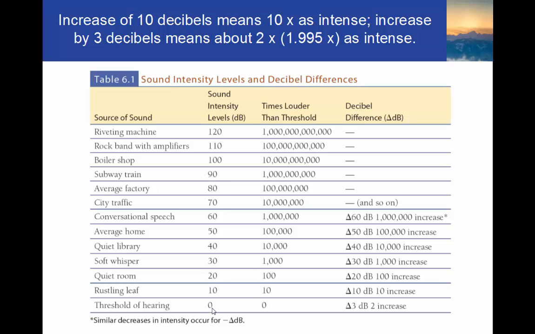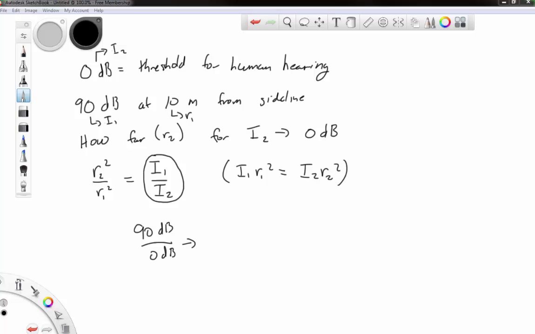So 90 decibels versus 0 decibels, the threshold of hearing, is 10 to the 9 times larger than the threshold of hearing. So what this is saying is that I1 over I2 is equal to 10 to the 9.